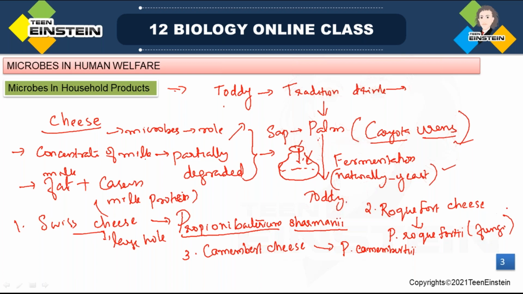Which fungus? Penicillium species. One is Penicillium roqueforti for Roquefort cheese. Another one, Penicillium camemberti, is for Camembert cheese. So both are fungal microorganisms which belong to the group fungi. Okay.